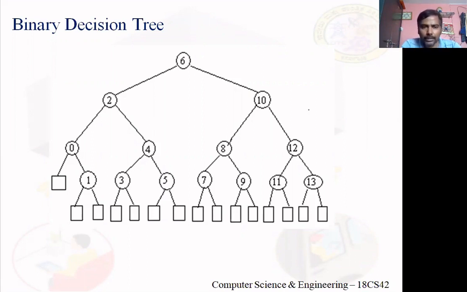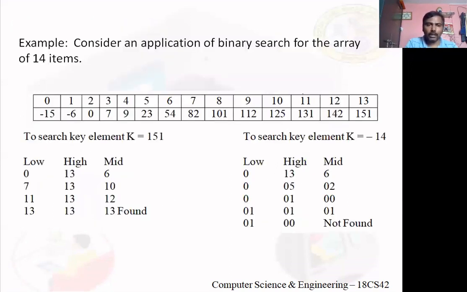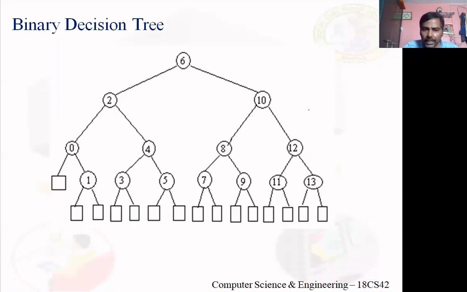See, the first rectangular node, which is to the left of node 0, indicates all unsuccessful elements lesser than the element at index 0. Clear? I mean to say it represents minus 16, minus 17, minus 18, minus 19. All those which are less than the element at index 0 will be represented by this first rectangular node.